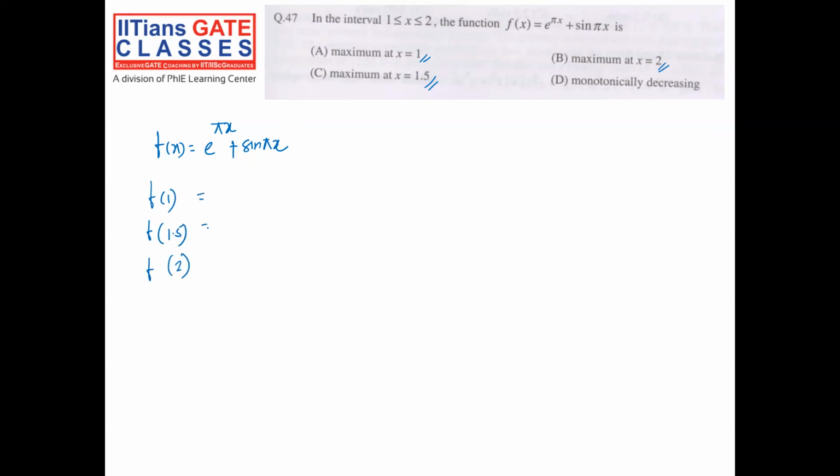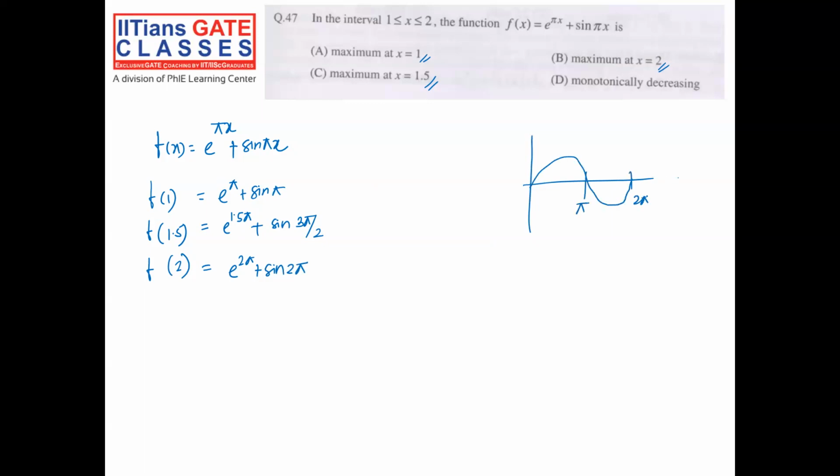If you calculate, what will we get? e to the power pi plus sine of pi, e to the power 1.5 pi plus sine of 3 pi by 2, and e to the power 2 pi plus sine of 2 pi. If you look into the sine function, sine of pi and 2 pi is 0 and sine of 3 pi by 2 is minus 1.